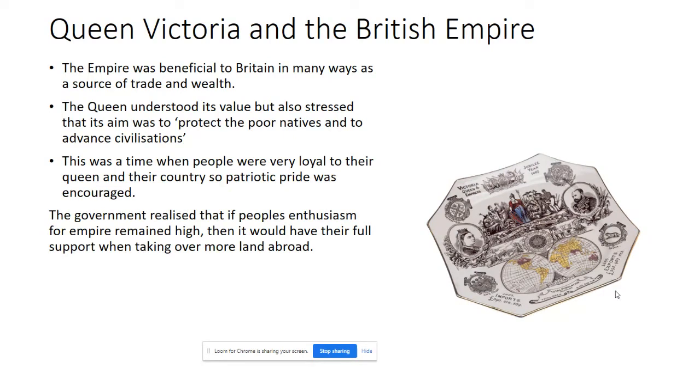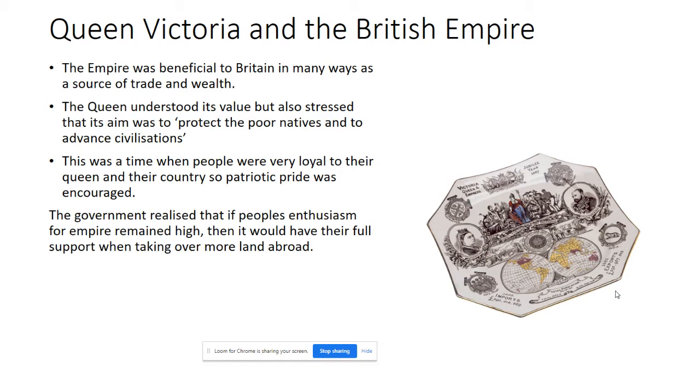The Queen understood its value, but also stressed that its aim was to protect the poor natives and to advance civilizations. So the Queen saw the economic benefits, but also saw a moral, spiritual benefit to having an empire that reigned over lots of different peoples all over the world and brought them into one culture, British imperial culture.